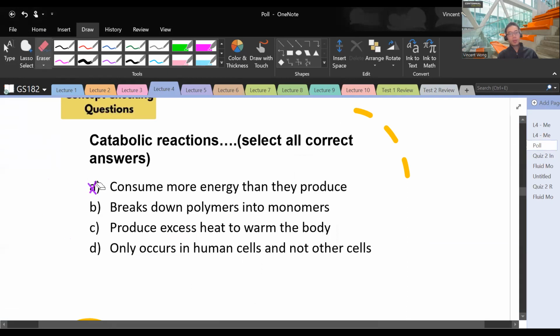That makes this the incorrect choice. B, breaks down polymers into monomers. That is correct, right? Breaks down the food that we eat. C, produce excess heat to warm the body. That is also correct. And it occurs in living organisms in general, not just human cells. Okay. So B and C.